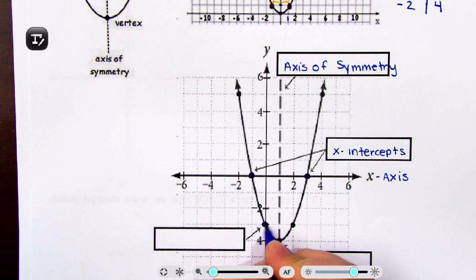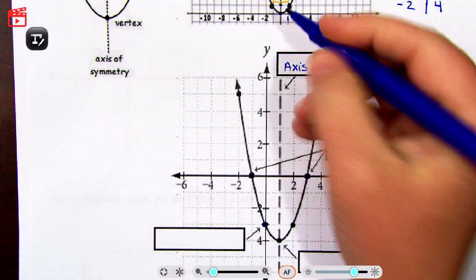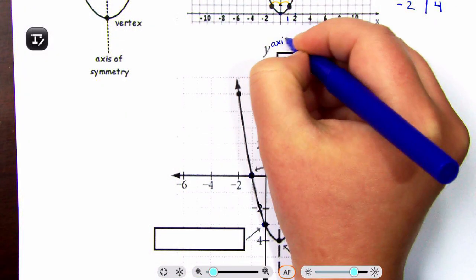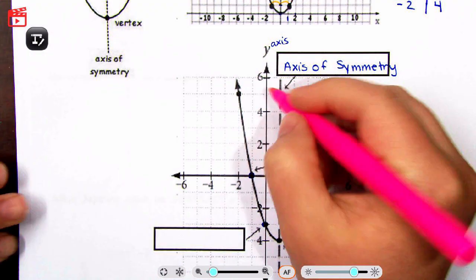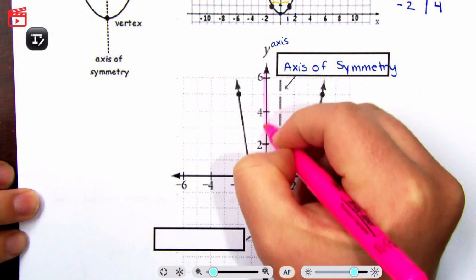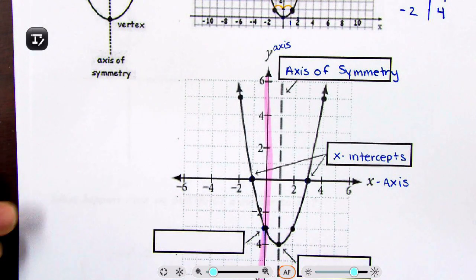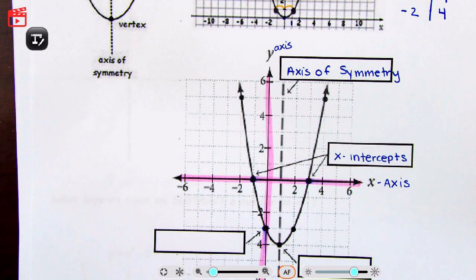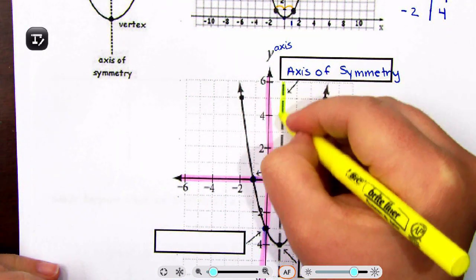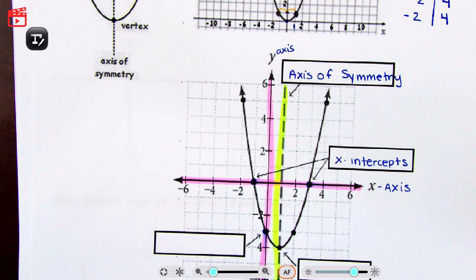Notice you have 1 point on the y-axis. It's a little bit difficult to see which one's the y-axis versus the line of symmetry. So I'm going to highlight, this is your y-axis, this is your x-axis. And then you have your line of symmetry or your axis of symmetry, which I'm going to highlight in yellow.